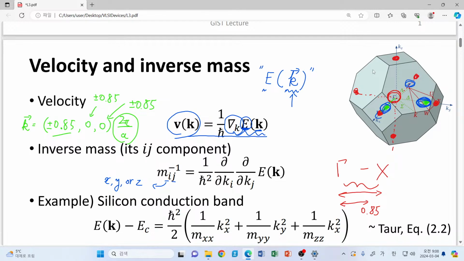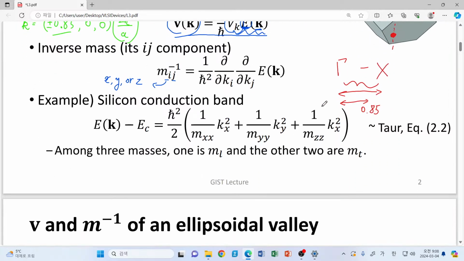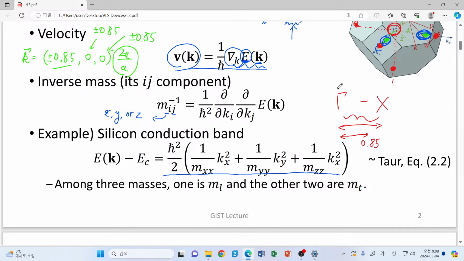So although we have one conduction band, it contains 6 different valleys. Now we can say there are 6 different valleys, and each of them is well approximated by this expression. So let me just do some calculation about velocity.